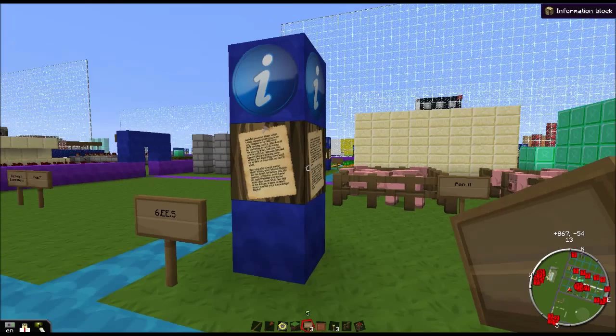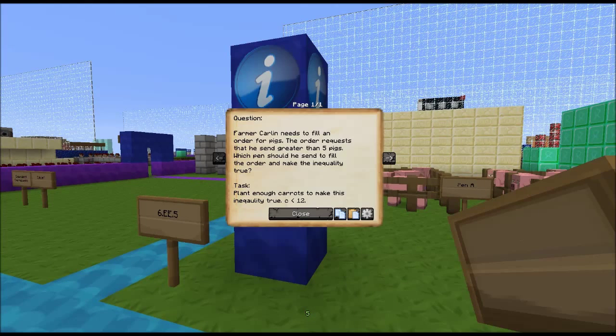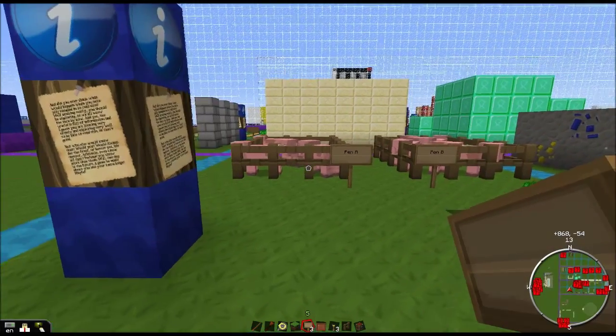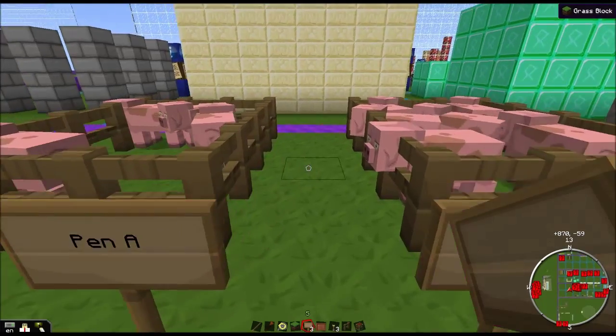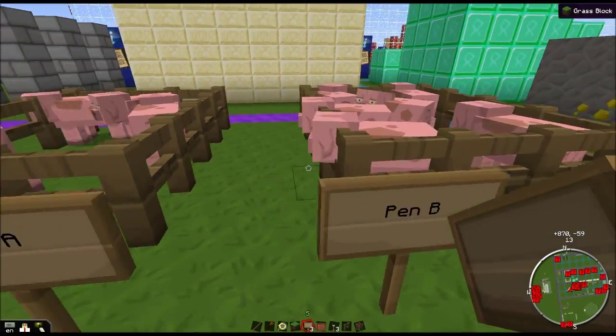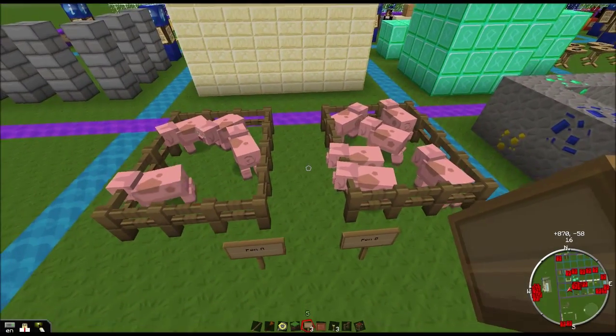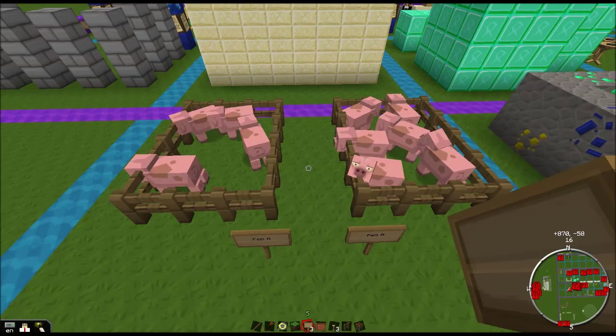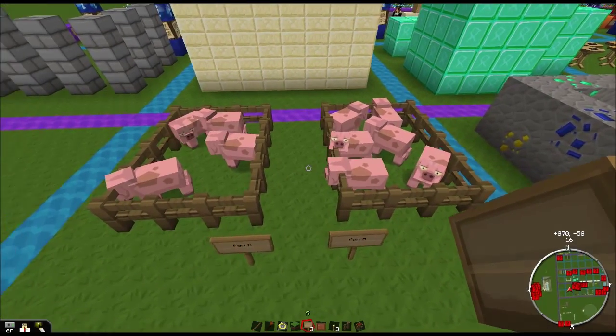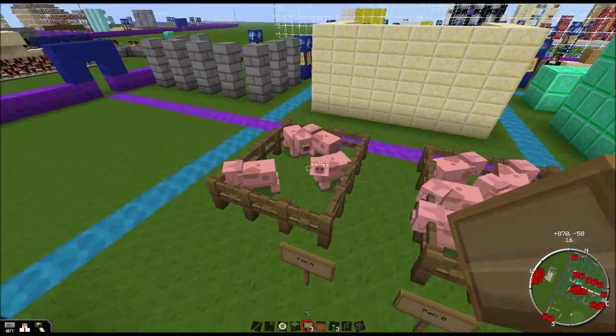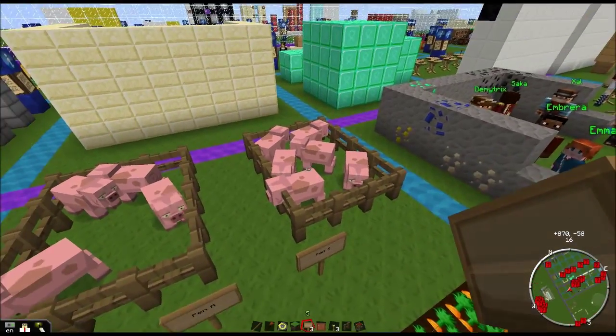Moving on. I'll give you a second to read this, but it's basically dealing with expressions and inequalities. Which of these two pens, pen A or pen B, would satisfy the order that Farmer Carlin has for pigs? Is it the one with 4 pigs, or the one with 5 pigs?